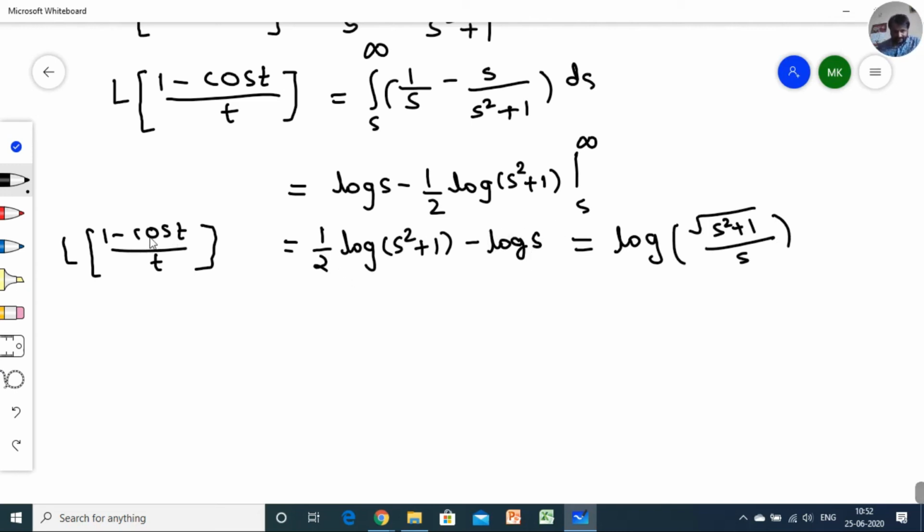Now f of s, we just saw the formula. What was the formula?